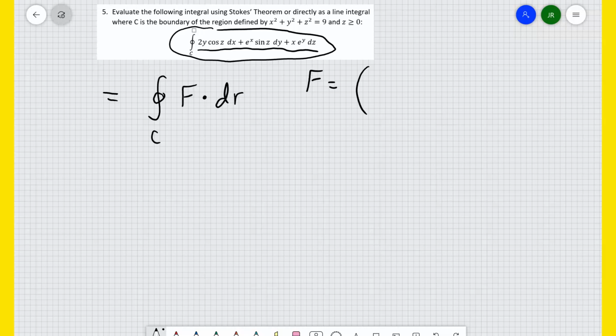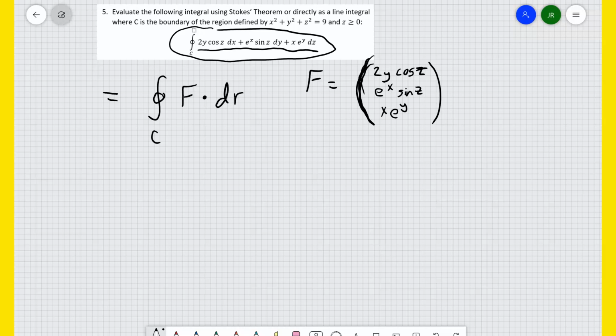F would be, let me write it like this, 2y cosine z for the x component, e to the x sine z for the y component, and x e to the y for the z component. It's like the ijk, okay? Like the first element, second element, third element. A lot of times I like writing them in this column form. Doesn't matter how you write it, really.